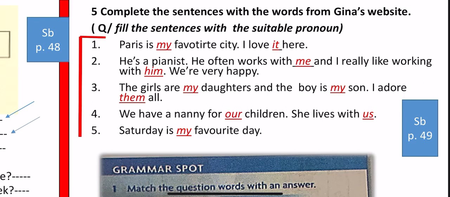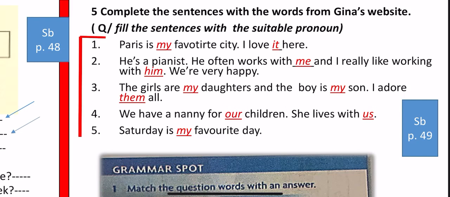So Paris here is my favorite city. Paris is the subject, is the main verb, my favorite city, here my plus favorite city acts as the complement of subject, or subject complement. من تكملة الفعل. I love it here.